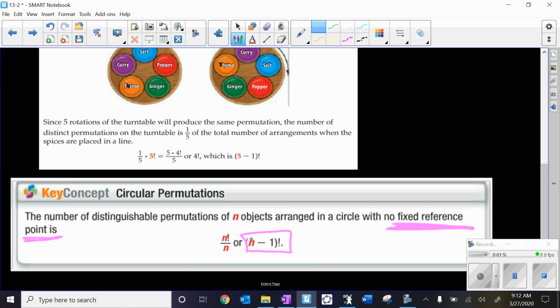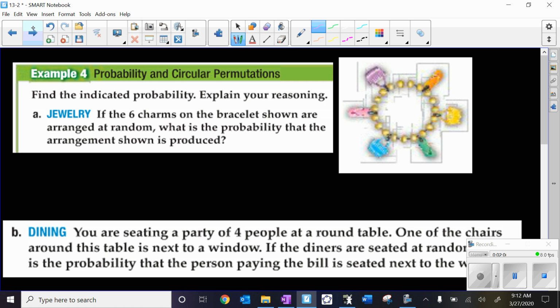All right, I'm going to show you one where they both look circular, but only one of them is circular because one of them has no fixed reference point. Here's an example. The 6 charms on the bracelet shown are arranged at random. What is the probability that the arrangement shown is produced? We need to ask ourselves, it looks to be circular, but is there a fixed reference point?